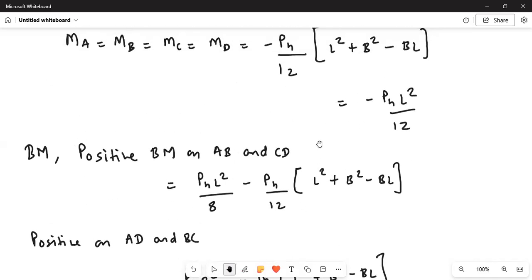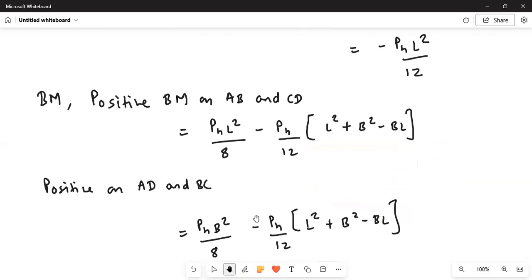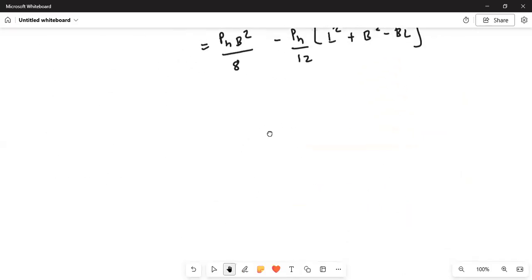So you are getting the bending moment at the corner, and those are negative bending moments, and you are also getting the bending moment at the midspan of AB, BC, CD, and DA. Those midspan bending moments are positive, and the corner bending moments are negative. So these are the formulas you need to refer to.